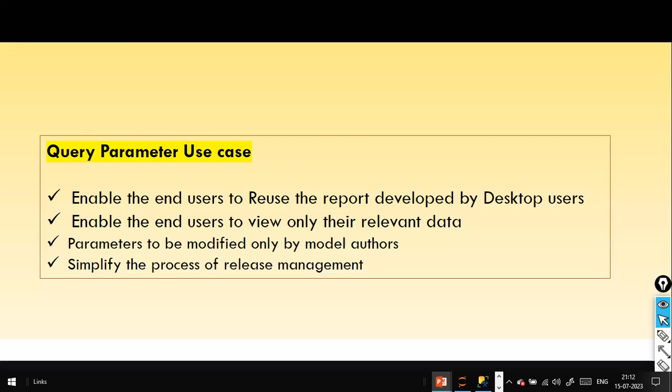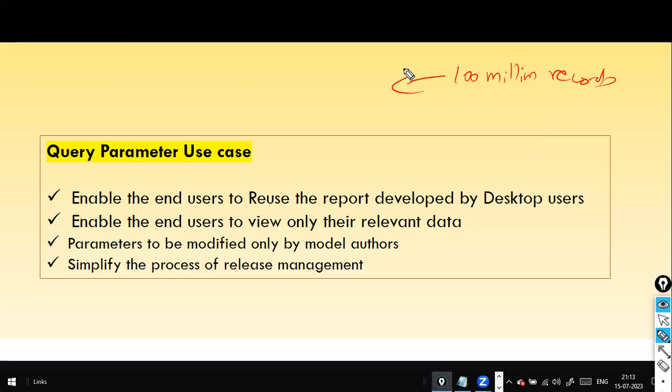And apart from this, from the performance point of view, it is really fast. If the users view only their specific region data, they are selecting only a subset of your table's data. Supposing in your table, you have, let's say, 100 million records.